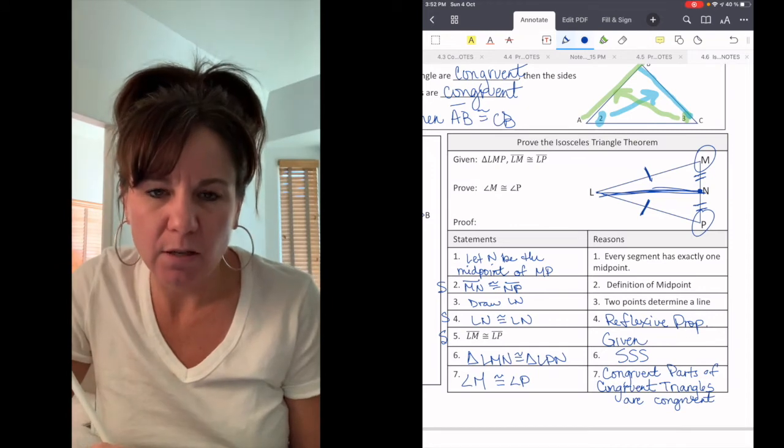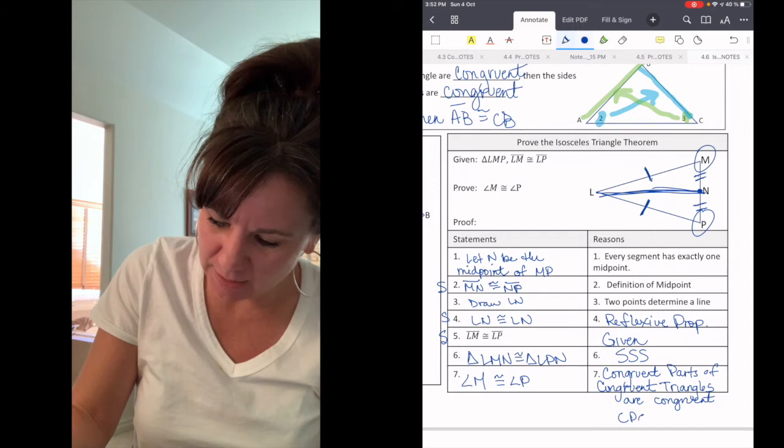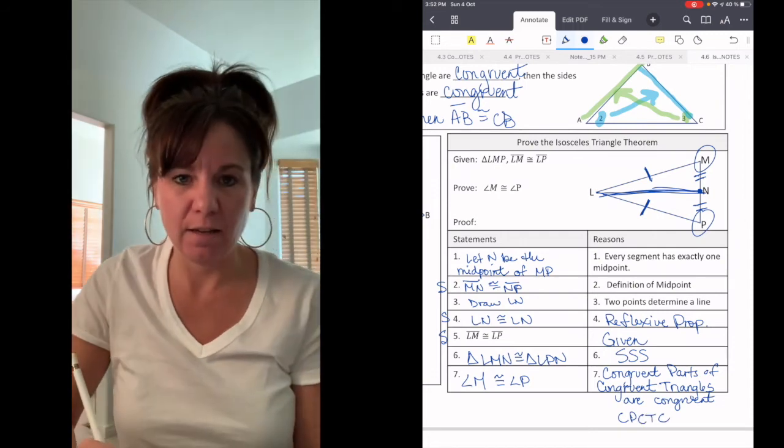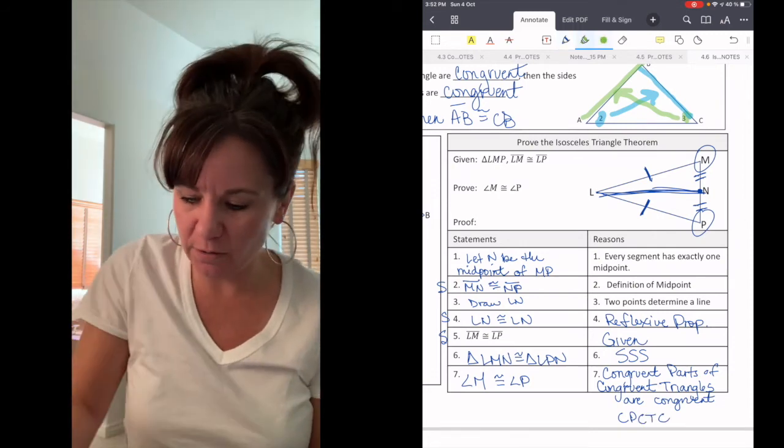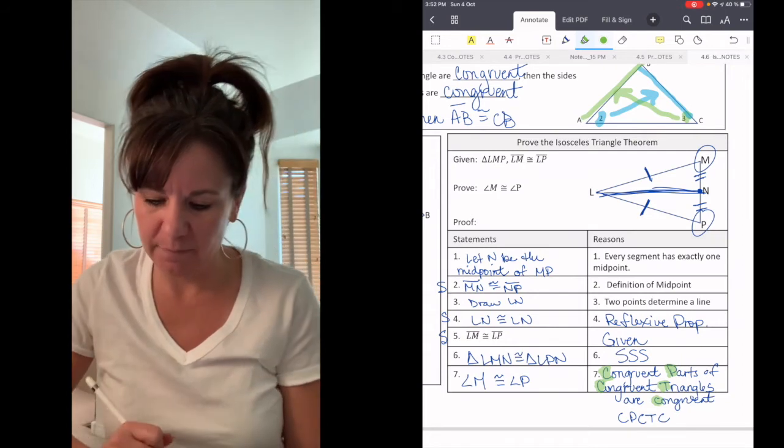That's always a lot to write. So we shortcut that and we just say CPCTC. Congruent parts of congruent triangles are congruent. CPCTC.